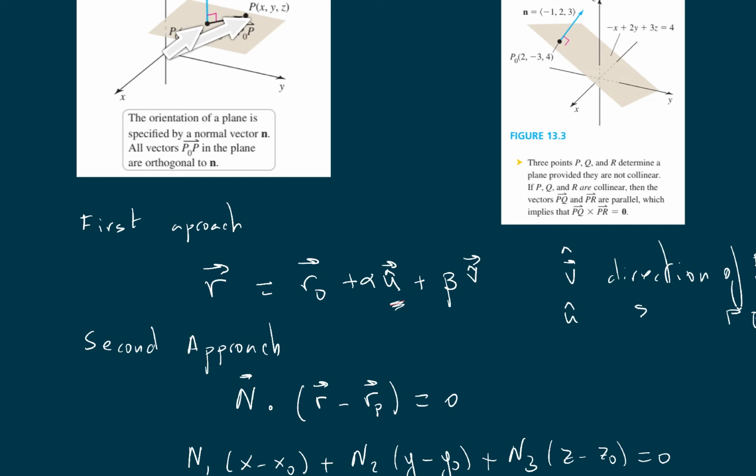What is the vector r? The vector r of any point x, y, z in the plane is made as the vector r0 plus a linear combination of alpha times u plus beta times v.